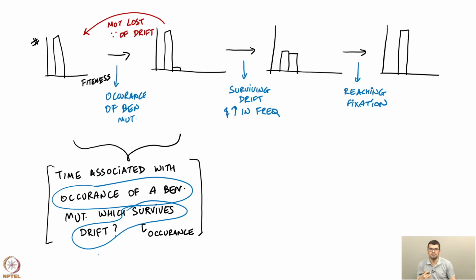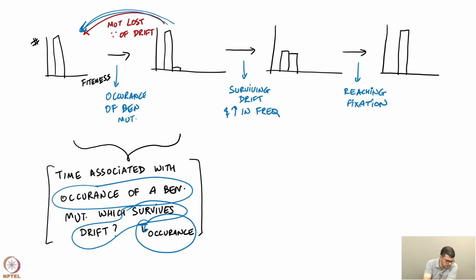These 2 things need to happen, because more often than not a beneficial mutation will occur and I go back to this state because it is lost due to drift. It will occur again and I will go back because it is lost due to drift. Last time we saw when we were doing the numbers that with reasonable values of S that are found in experiments, 20 beneficial mutations need to happen for one of them to survive the action of drift. So, this tau occurrence represents the combined waiting time associated with happening of the mutation and then its surviving drift.